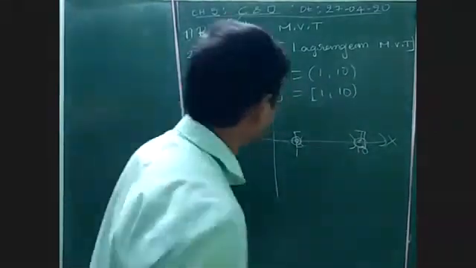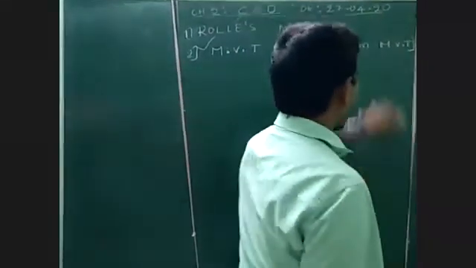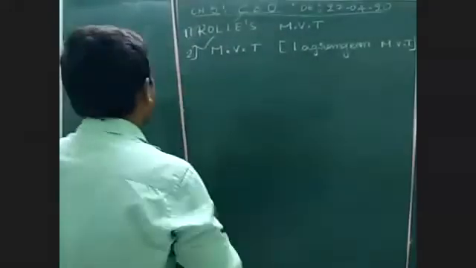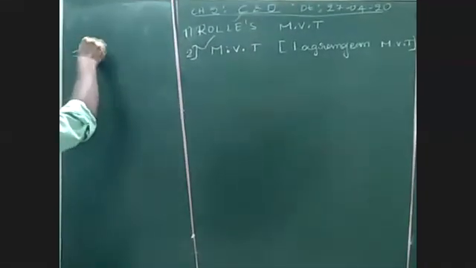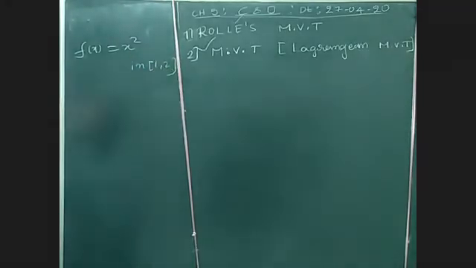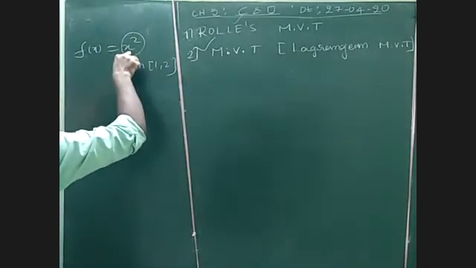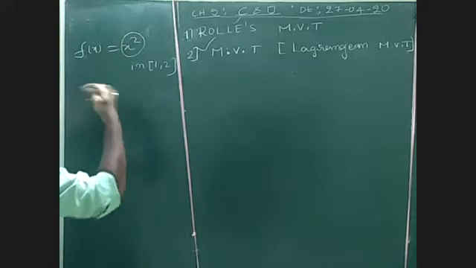Right? Okay. Why are these two important? Because in both theorems, two common conditions are there. For example, take f of x as x square in some interval like 1 comma 2. What shall we do here? We have to check whether the given function is continuous or not.